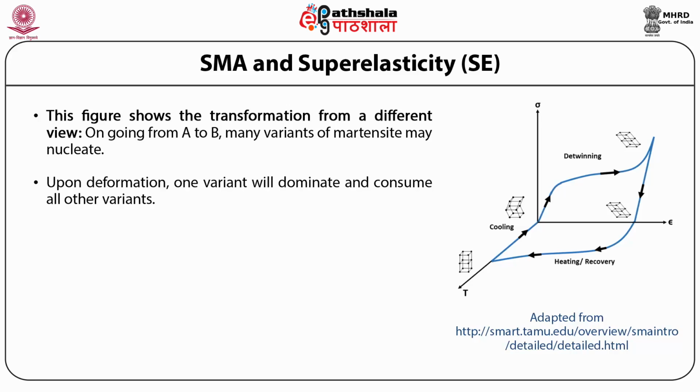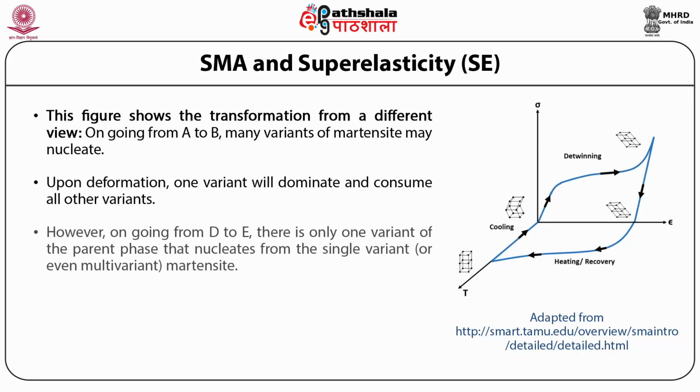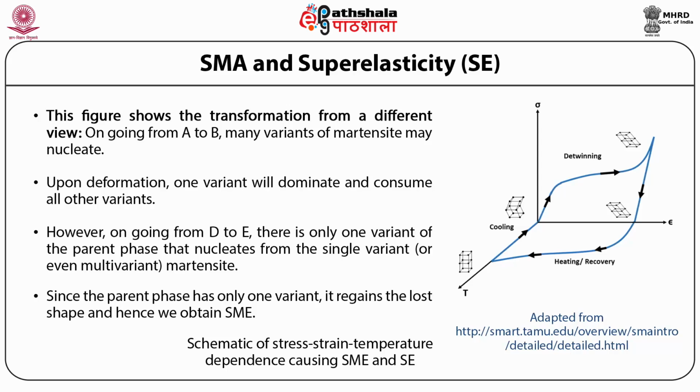So, at this point, if the load is removed, no micro or macro structural changes take place. However, there is a permanent strain remaining in the material. Upon heating from this stage, the strain reduces along with the transformation from martensite to parent phase, which is also very easy to understand using this figure.